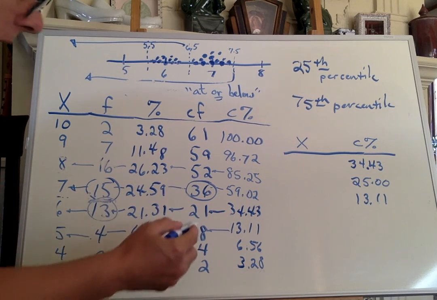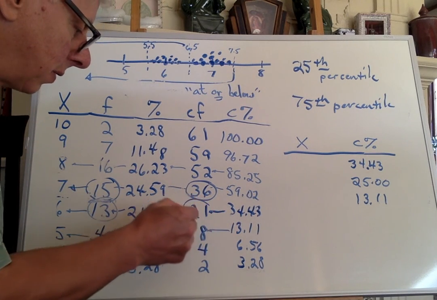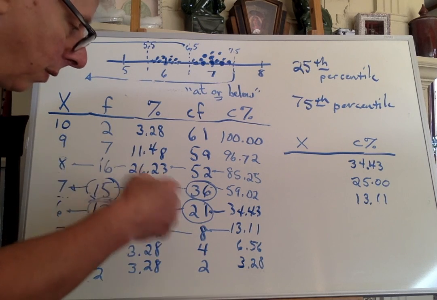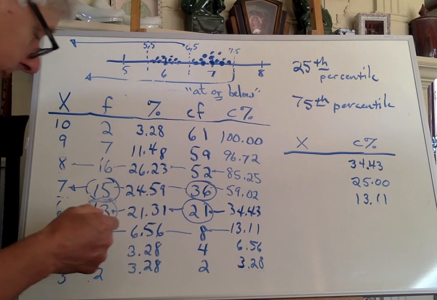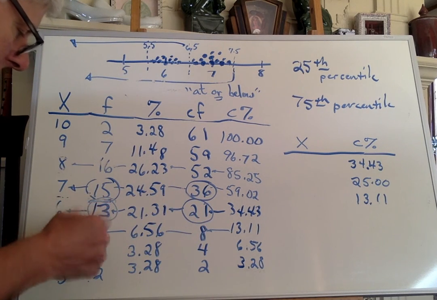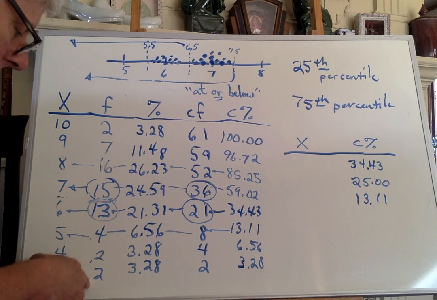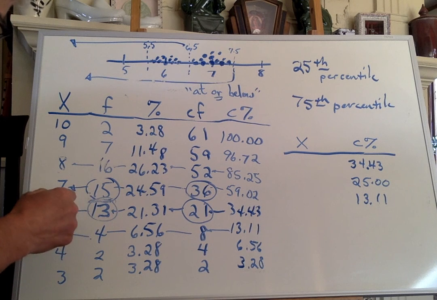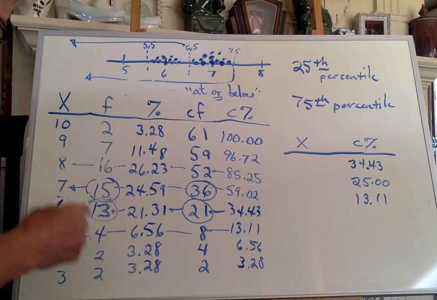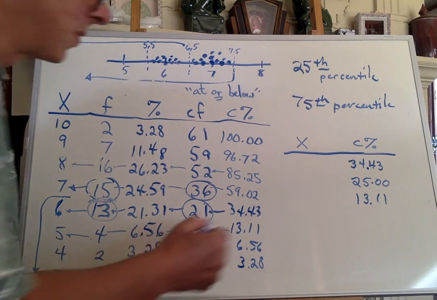34.43, how did I get this percent? It was 21 out of 61 people. How did I get 21? I had to get these 13, these 4, 4, and 4, 13, 4, 2, and 2. And so I need all of these numbers. I'm going to use my upper real limit for 6.